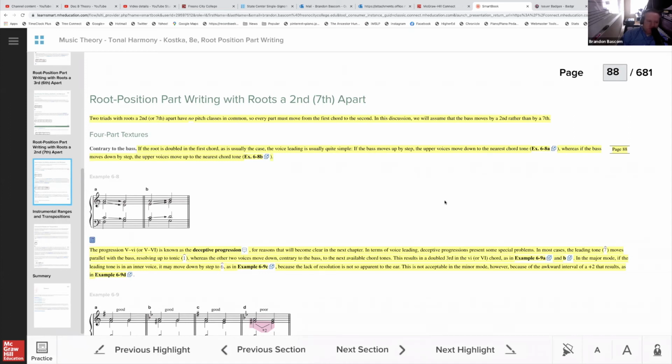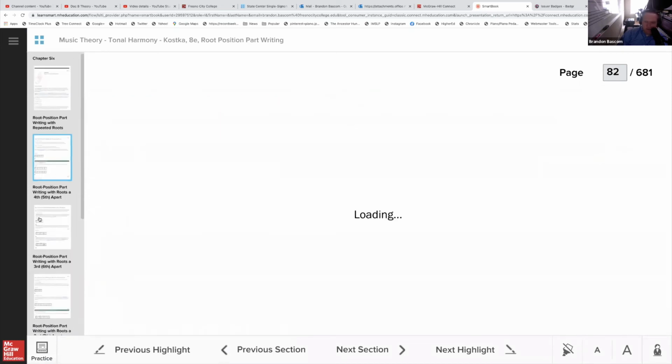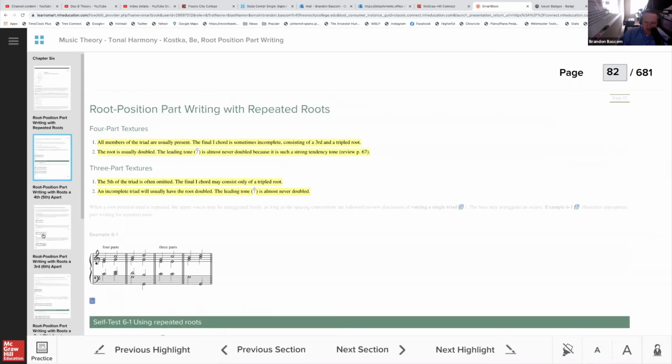Or if the bass moves down by step, the upper voices move up to the nearest chord tone. Not necessarily by step. I should not have said by step. But to the next nearest chord tone. So those were the 3. That covered all of our intervals. Seconds and sevenths, thirds and sixths, fourths and fifths. Questions, comments, concerns?